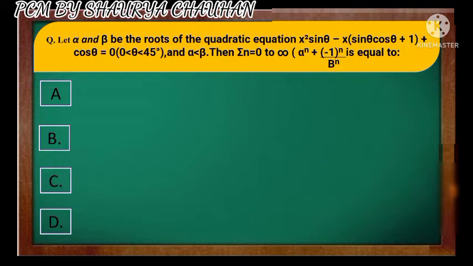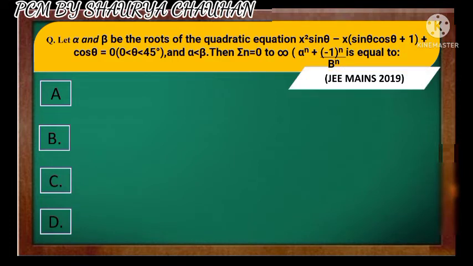Then summation of alpha to the power n plus (minus 1) raised to power n divided by beta raised to power n, where n is 0 to infinity, is equal to.